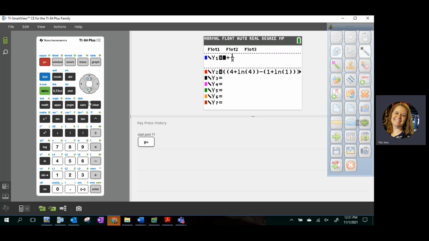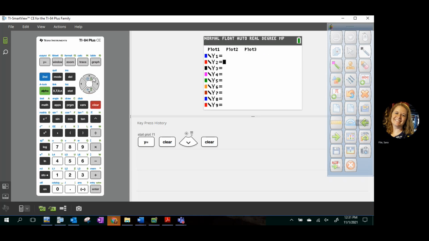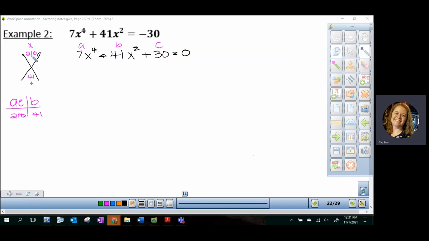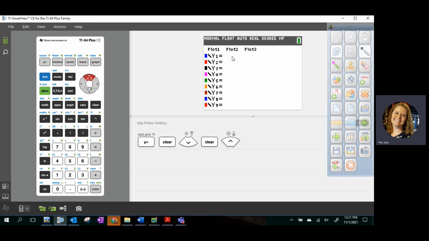If you go to y equals, in example number 2, you're looking for what multiplies to 210 but adds to 41. If you don't know all the factors of 210, or it's a larger number, you type in the number that you want to know the factors of, divided by x. Because you're asking, what can I divide 210 by? And then you go to your table.